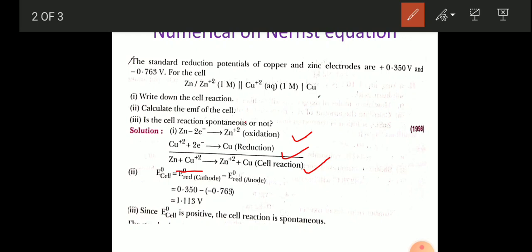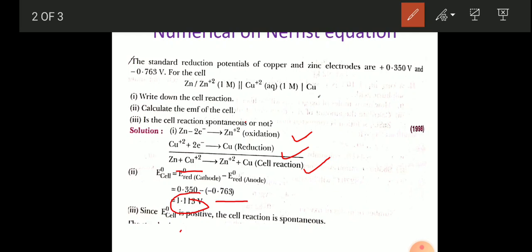The reduction process takes place at the cathode, which is copper, so the value is 0.350 volt minus E anode. The anode value is minus 0.763. Since minus minus becomes plus, it gets added and the E cell value comes as 1.13 volt.